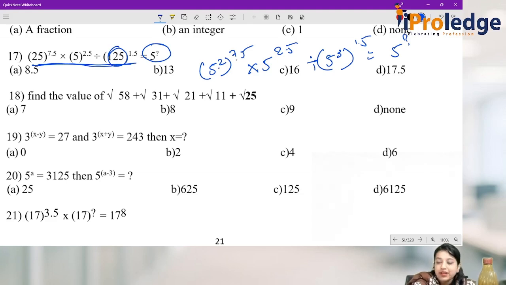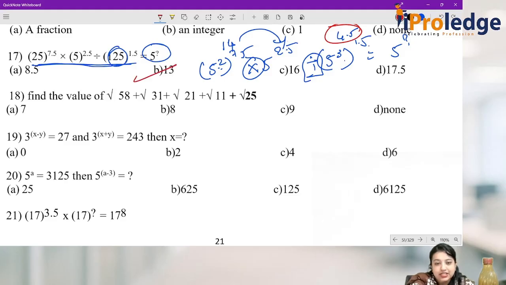So now multiply, it is 14 into 4.5. Where there is multiplication you add: 14 plus 2.5, and where there is division you subtract: 14 plus 2.5 minus 4.5. What is it? It is 30.